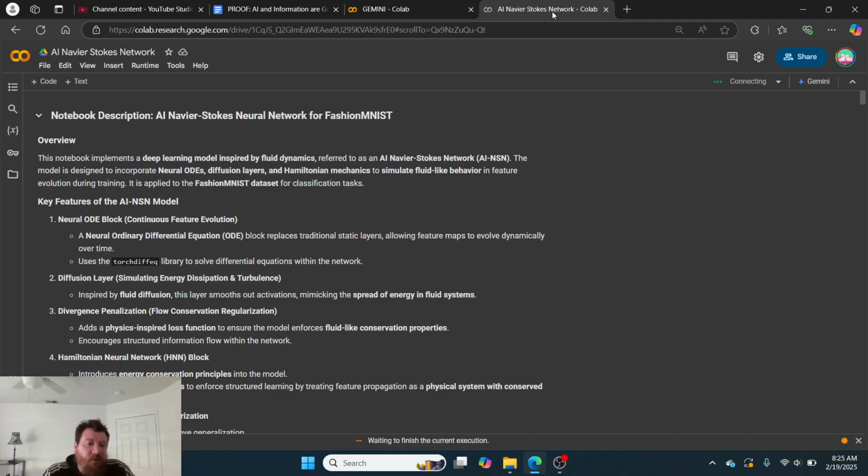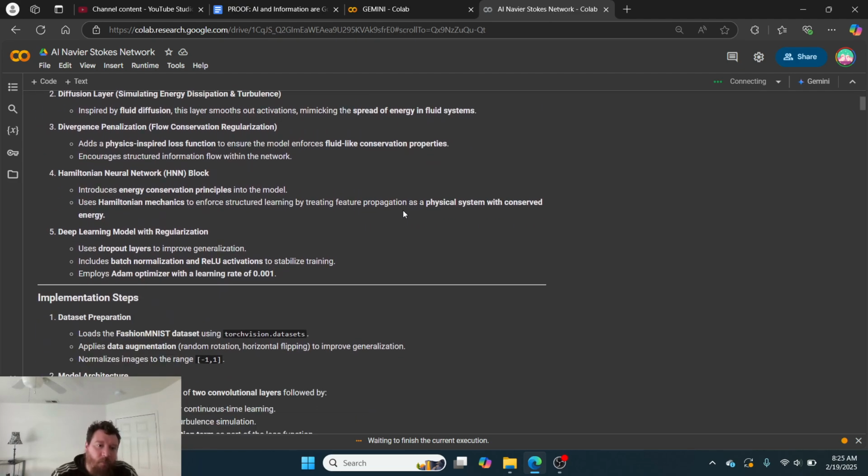I have a divergence penalization for flow conservation and regularization. So the more that I treat it like a fluid neural network, very specifically like a fluid, the more I'm able to tune the model, coincidentally. The Hamiltonian neural network block introduces energy conservation principles into the model. So again, the more I'm tuning it via a fluid, the better it functions. It uses Hamiltonian mechanics to enforce structured learning by treating feature propagation as a physical system with conserved energy.